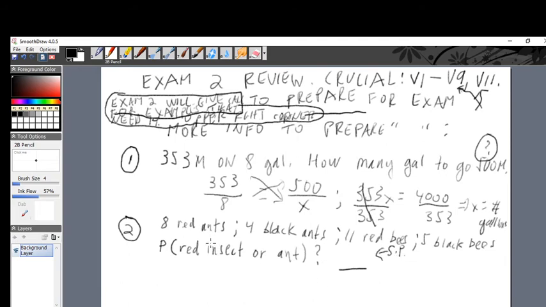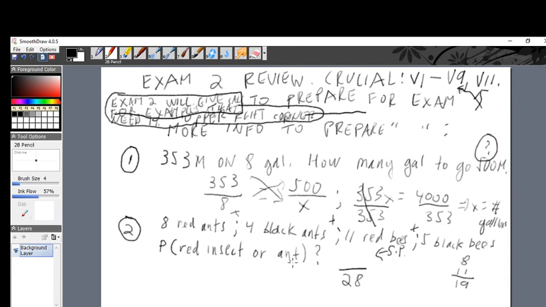If you reach into this container, how many things are there altogether? 8 plus 4 is 12, plus 11 is 23, plus 5 is 28. So there's a total of 28. Now, what are we looking for? Red insects: the 8 red ants and the 11 red bees, which is 19.